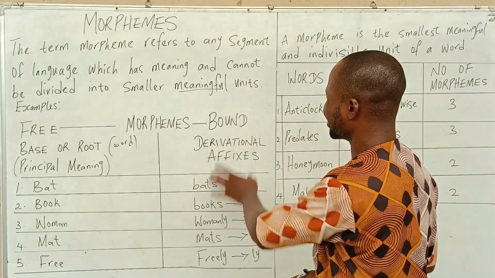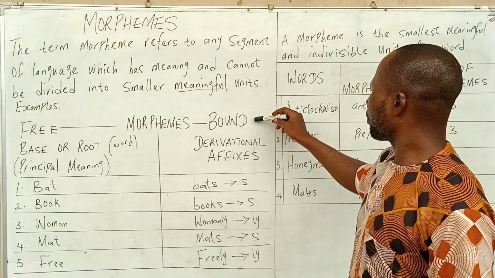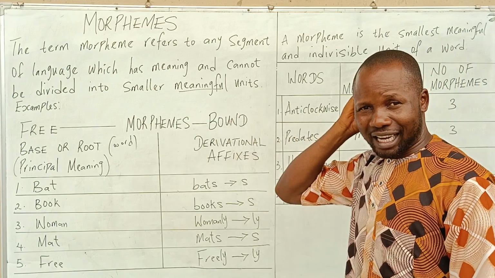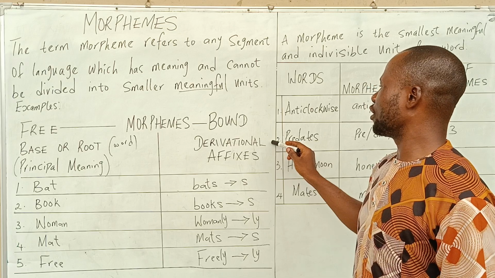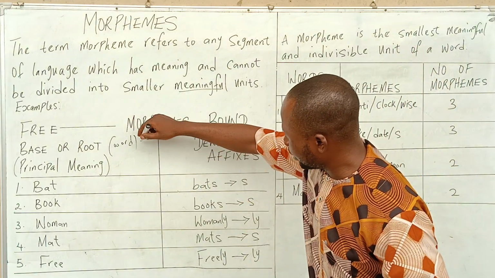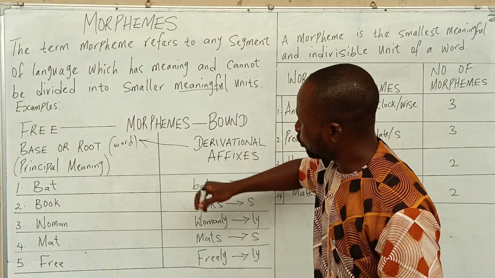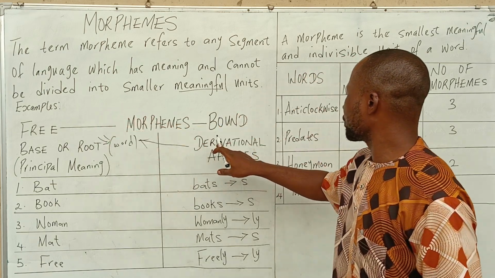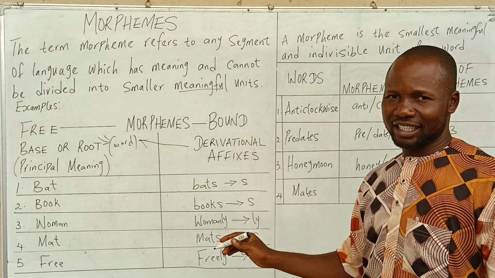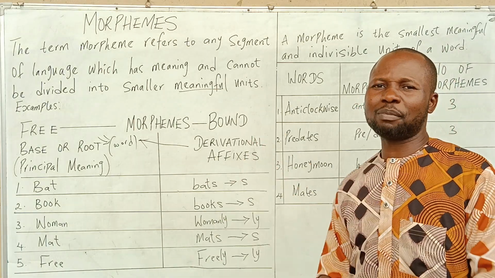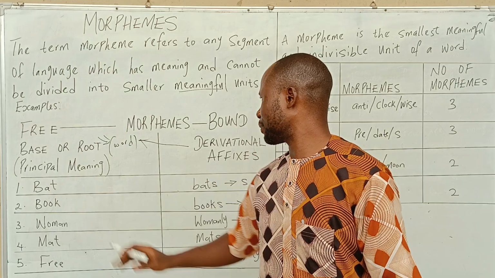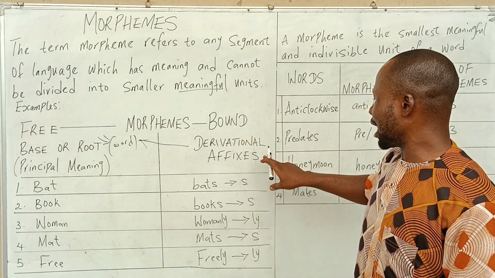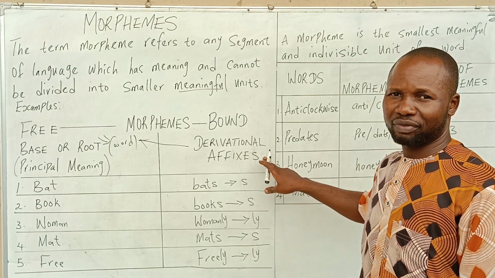While when we come to this side, we have bound morphemes. Every bound morpheme can as well be called a derivational word. Let me link it here. Derivational word. Anything we add is called derivation, that means we derive it from the root word. Under derivational word, there is another thing called affixes.